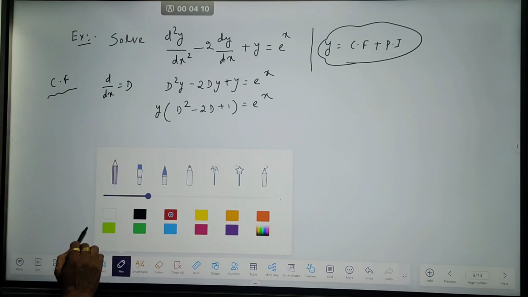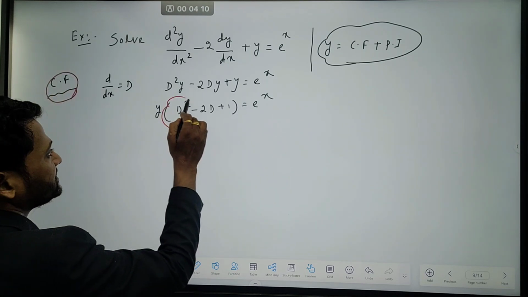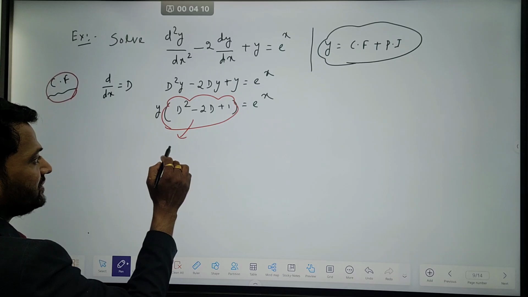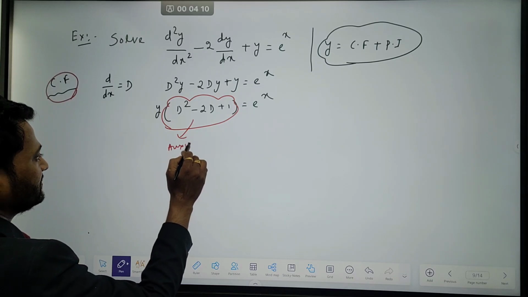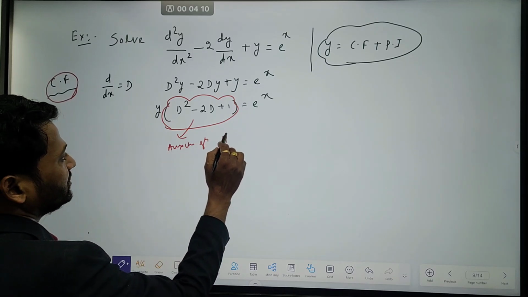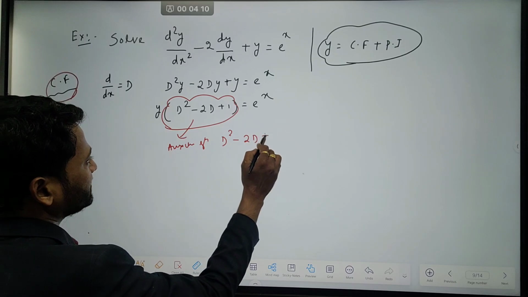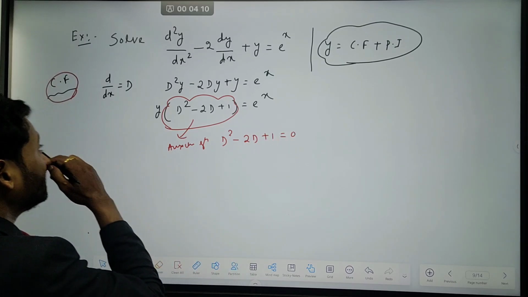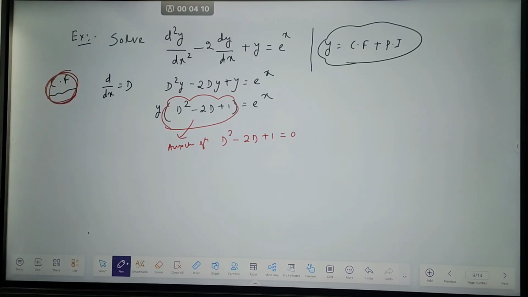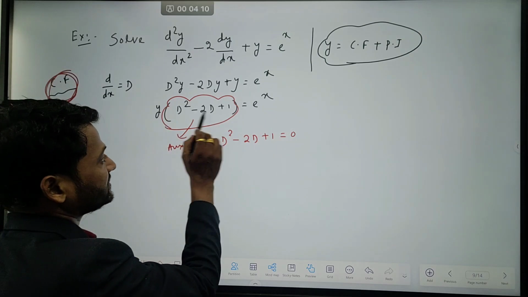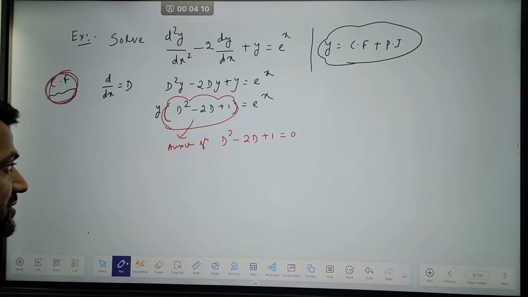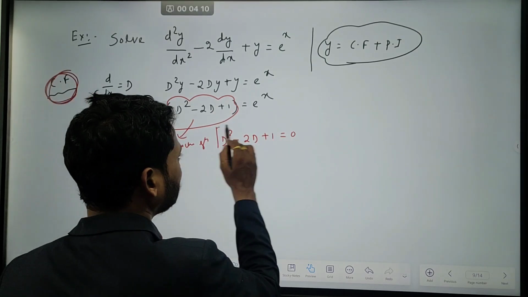So to find out CF, you take this equation as your auxiliary equation, and it will be d square minus 2d plus 1 equal to 0. Again I repeat, to find out CF, complementary function, you just take this equation, which is called auxiliary equation, and equate to 0. Okay.